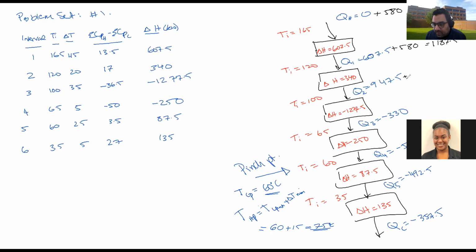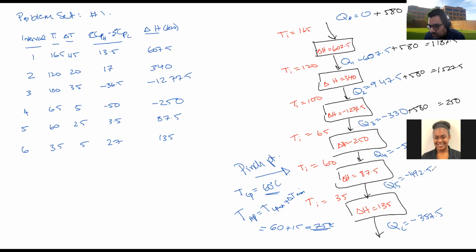1187.5 plus 580 here. This will be 1527.5 plus 580 to this stream. This will be 250 plus 580 here.